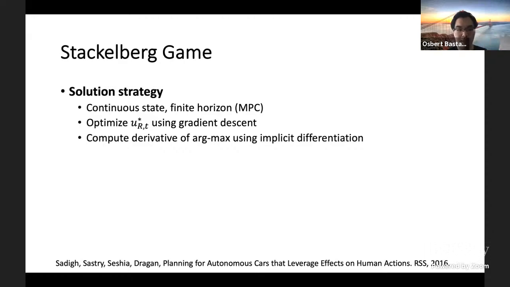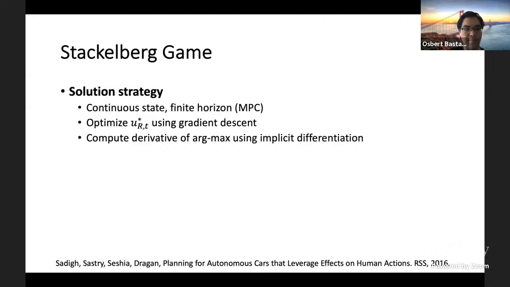The reason you can do this is because you can write down everything explicitly in terms of maxes and mins over the future actions. So the main challenge here is computing the derivative of the argmax, and you can do this using implicit differentiation. I'm not going to go into details on exactly how that works, but it's a pretty standard technique.